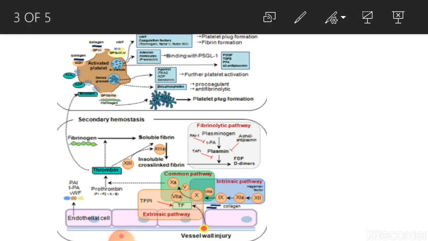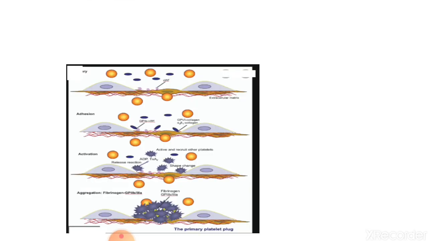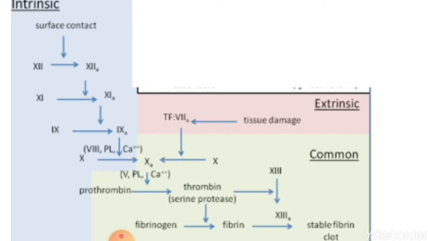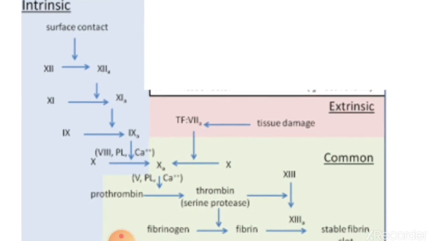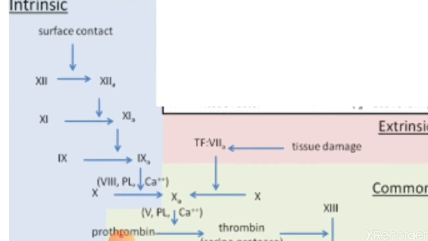And in order to understand the extrinsic and intrinsic pathways, the intrinsic pathway starts, as we said, with the exposure of subendothelial collagen at the site of injury.